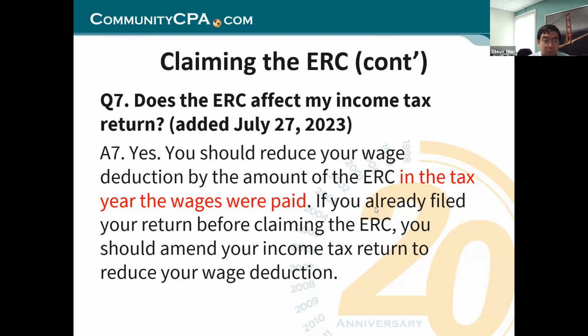So you still need to go back to 2020 and 2021 to amend your business income tax returns if you claim the ERC for 2020 or 2021. There is no way around that.